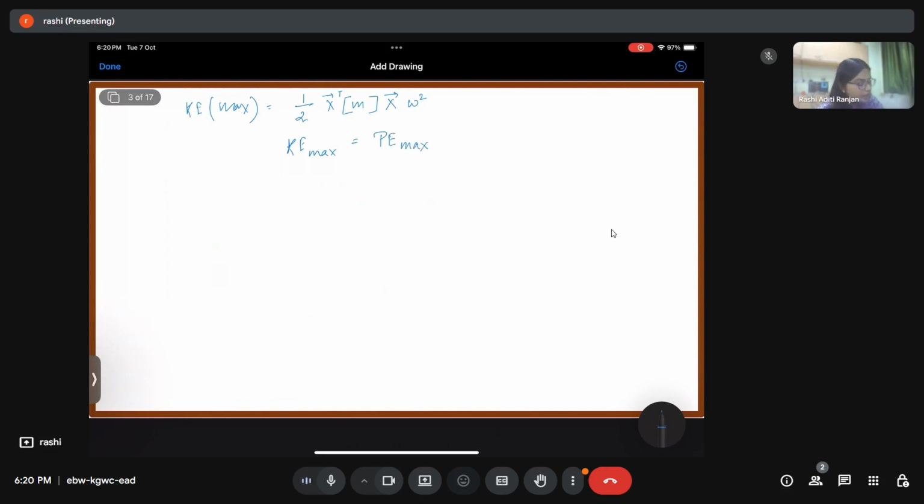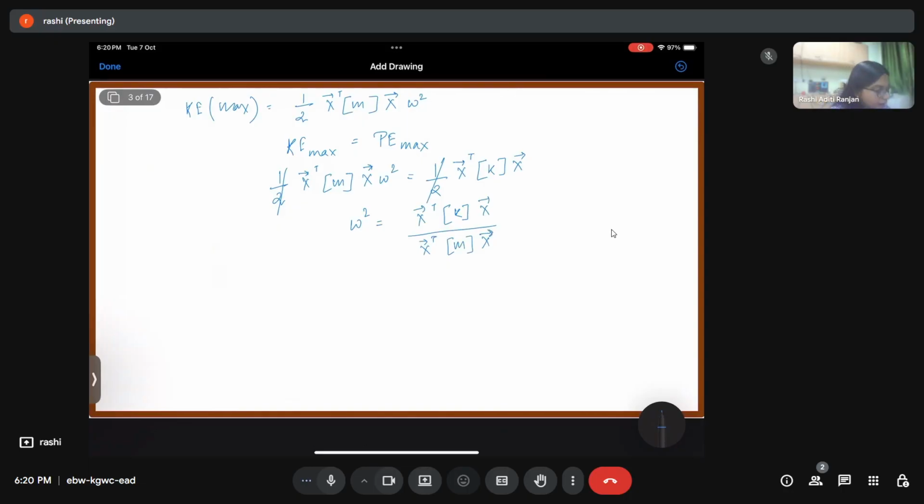This gives us half X transpose M X omega square is equal to half X transpose K X. Half and half get cancelled, and omega square is going to be X transpose K X divided by X transpose M X.